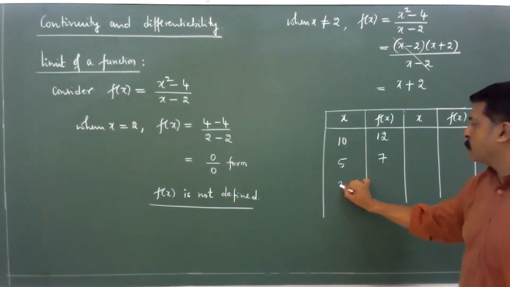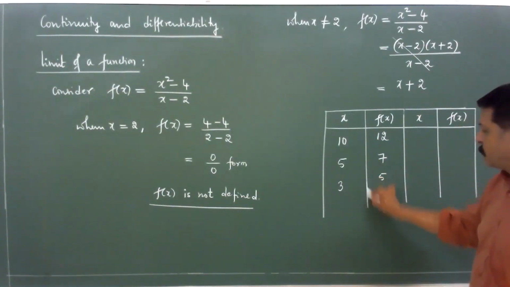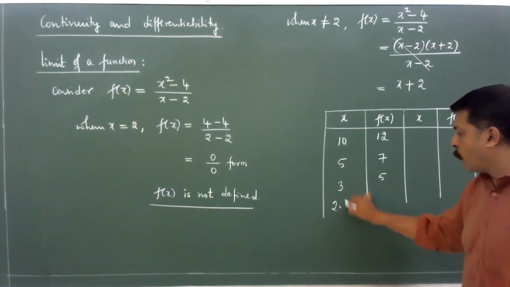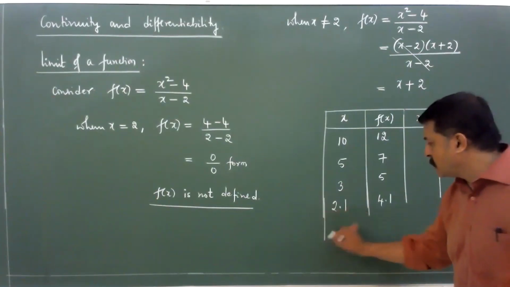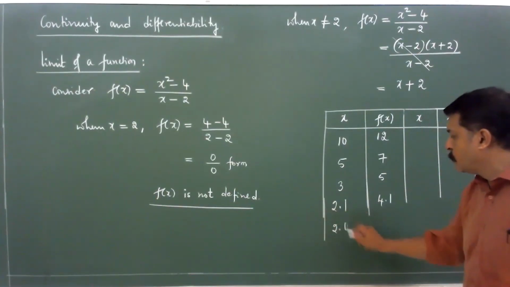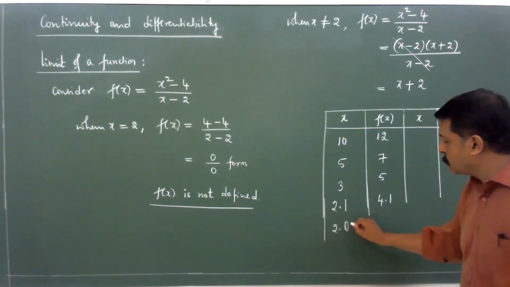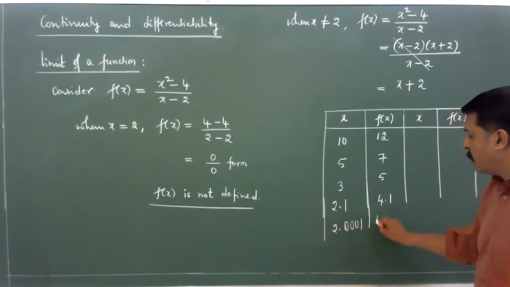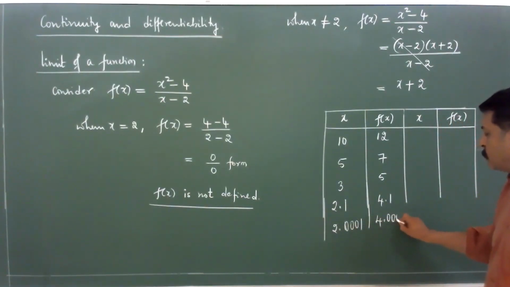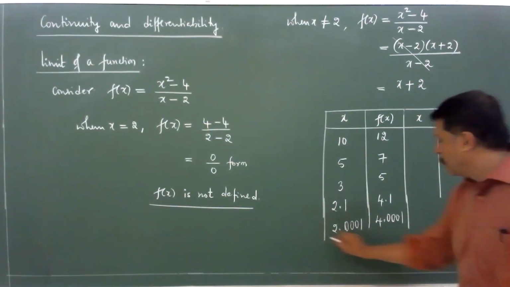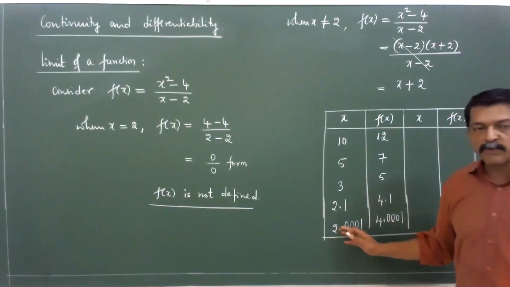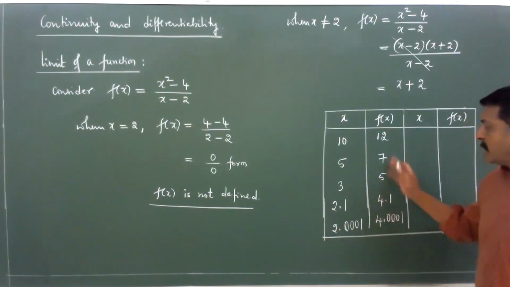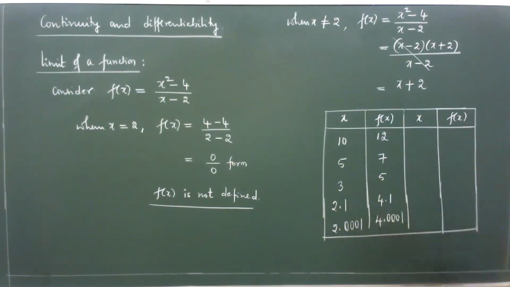For x is equal to 3, the value of the function is 5. 2.1, the value of the function is 4.1. You can still go closer to 2. 2.0001, the value of the function becomes 4.0001. You can still go close to 2. You can even give 2.000001 and calculate the value of f of x. For observation, this is sufficient.